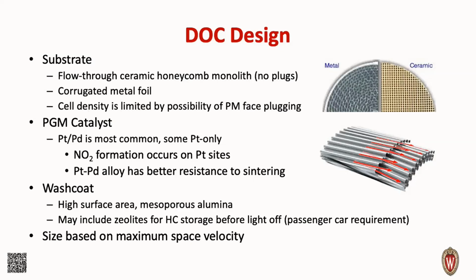This is a requirement in the passenger car side of life. It's not a requirement in the heavy duty trucks. And the size of the DOC is based on the maximum space velocity it's going to see, right? So that's the engine displacement.